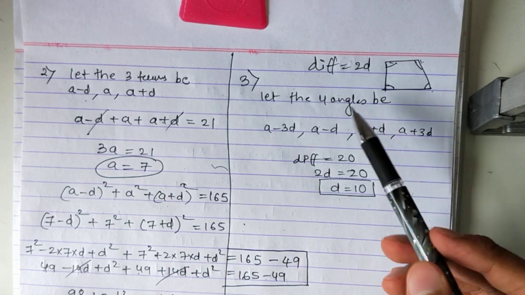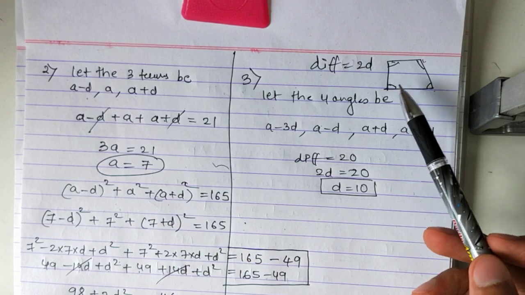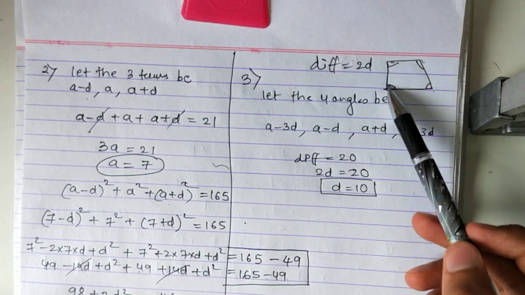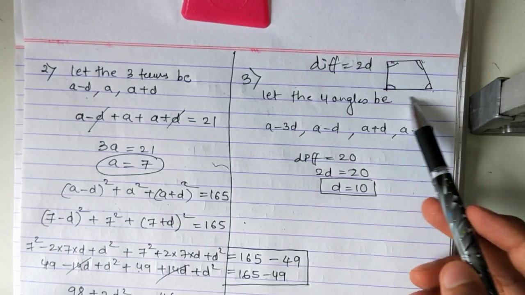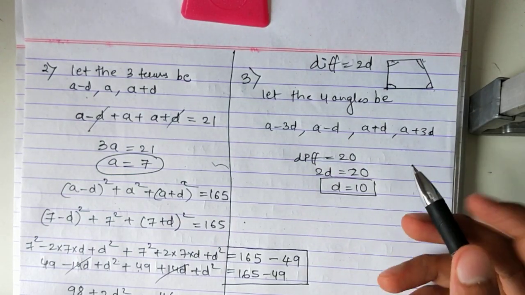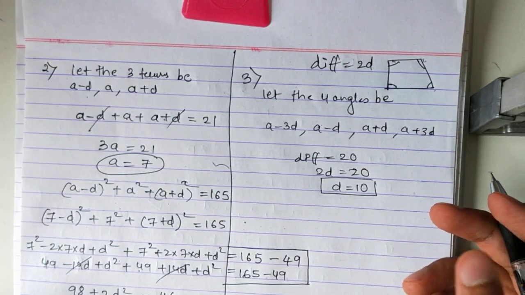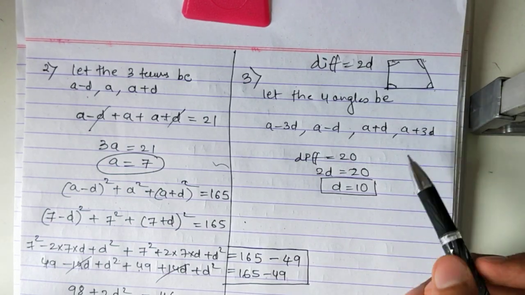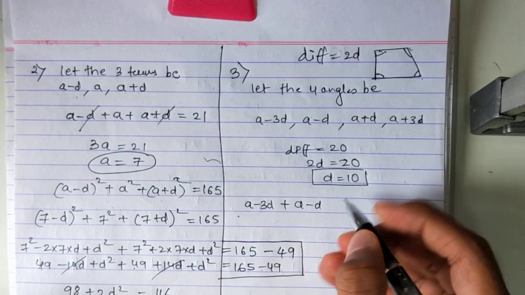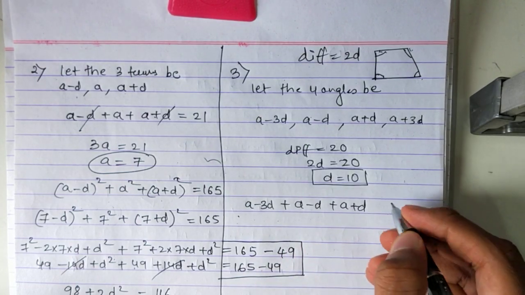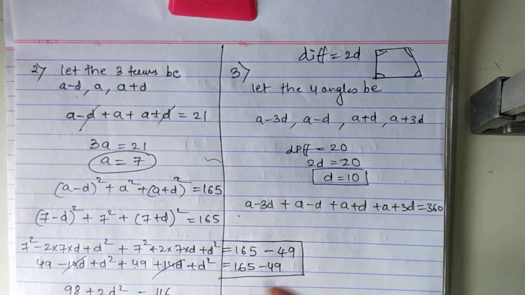Okay, and 4 angles of quadrilateral. Quadrilateral means ये है. तो when you add all the 4 angles of a quadrilateral, total कितना होता है? Sum of all angles of a quadrilateral का total क्या होता है? Total is 360. Square, rectangle, parallelogram, rhombus, kite, anything you add all the angles you will get 360. So यहाँ पे भी a minus 3d plus a minus d plus a plus d plus a plus 3d is 360.